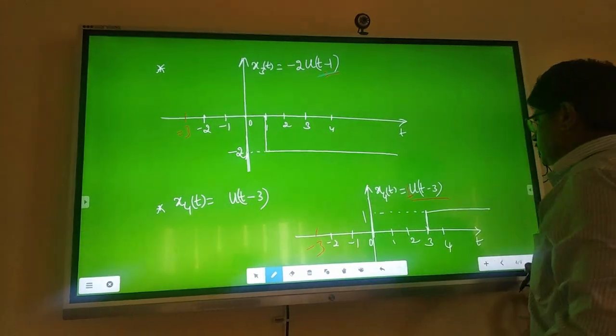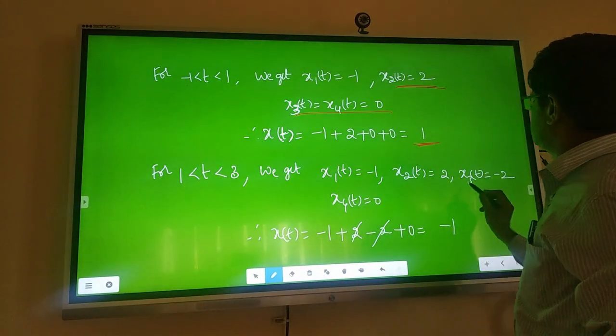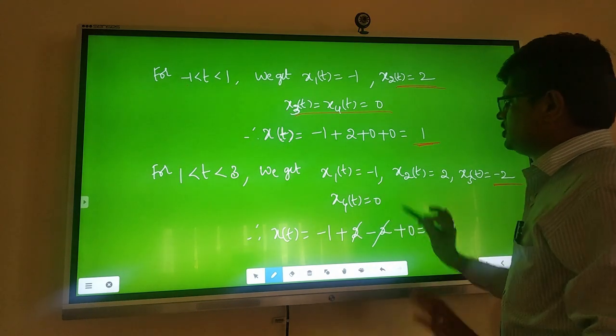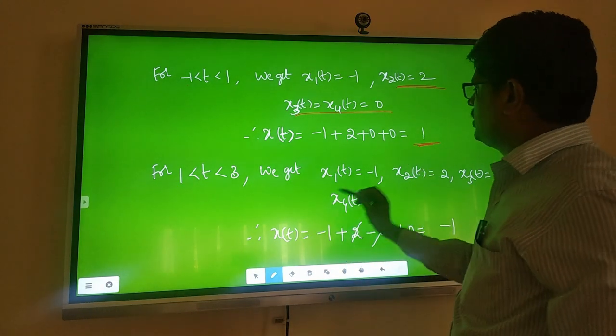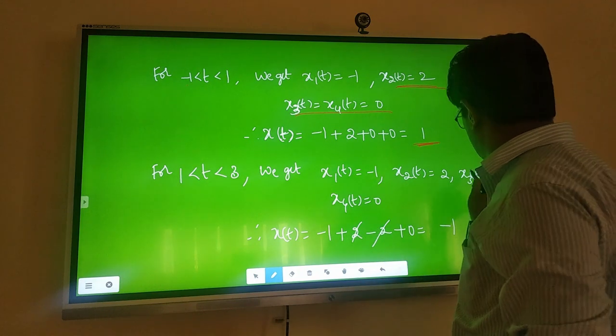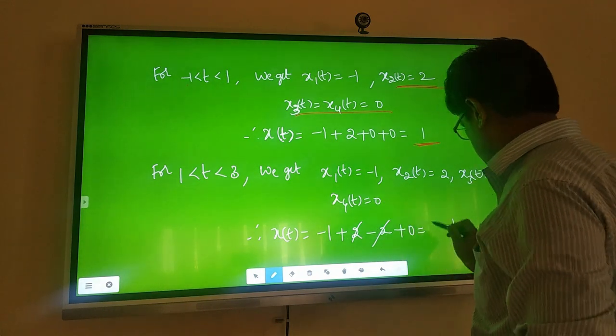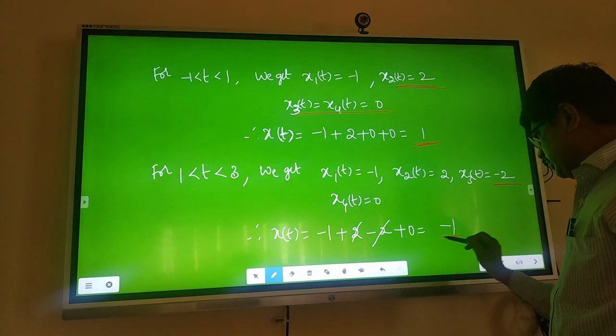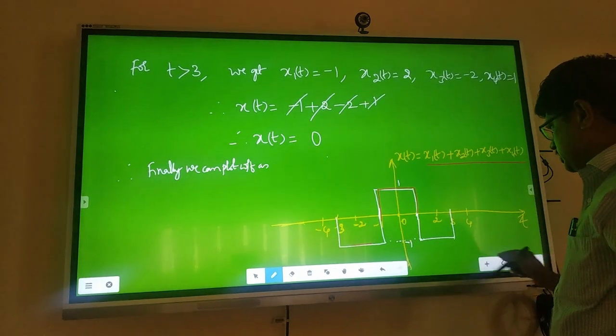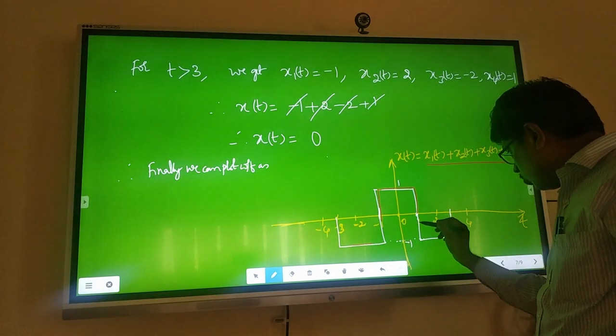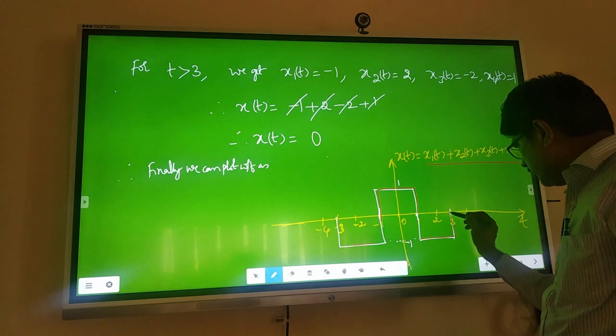That is why I am writing this as minus 2. Then x4(t) is 0. Therefore, x(t) is equal to minus 1 plus 2 minus 2 plus 0. This cancels, and you will get minus 1. Therefore, in the graph, between t equals 1 and 3 its value is minus 1.